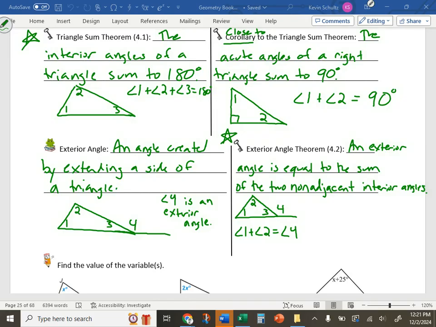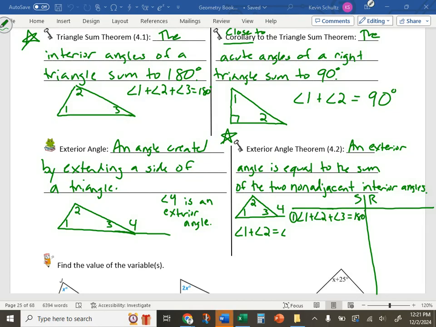So we're going to start with our statements and our reasons here, okay? What we can state first is that angle 1, well, I'm going to put my 1 with a circle here. We know that angle 1 plus angle 2 plus angle 3 equals 180 degrees.